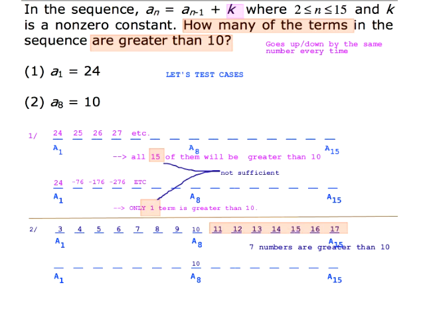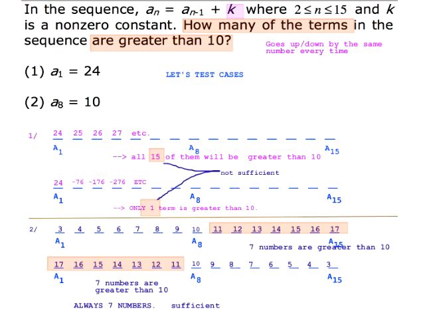And if you increase at all, this is going to happen. If you increase by 2, it's going to be 12, 14, so the same thing will happen. And if you decrease, you'll get exactly the same thing, but just reversed. Now the big numbers are in front. One of these situations will absolutely happen every single time, no matter what. And so it's always 7.